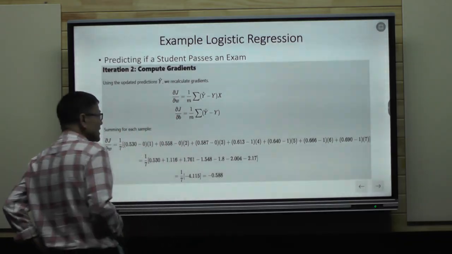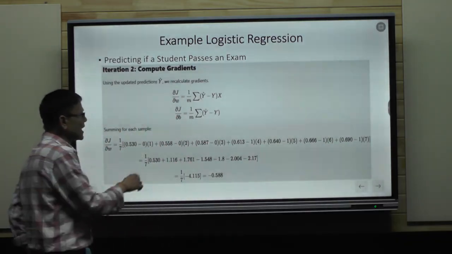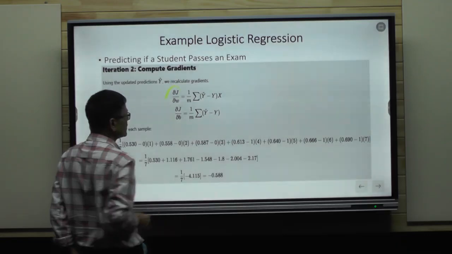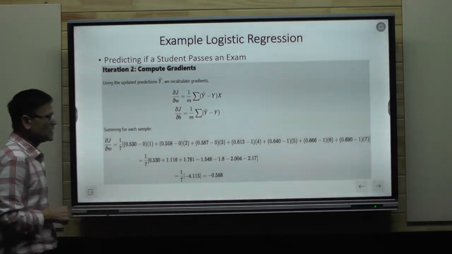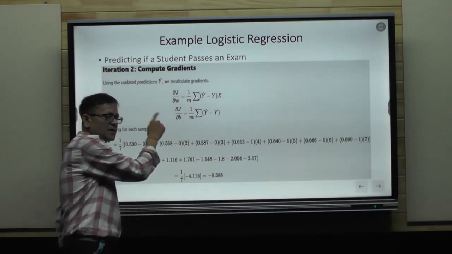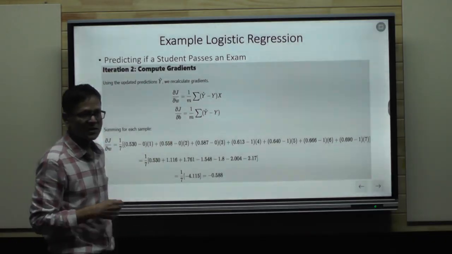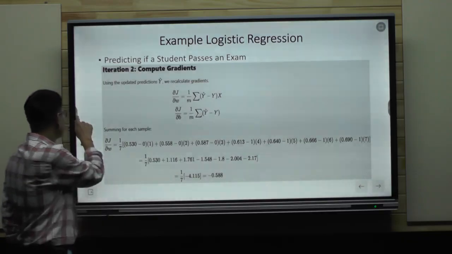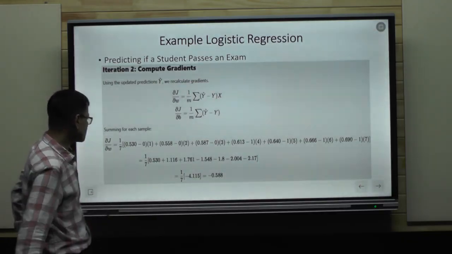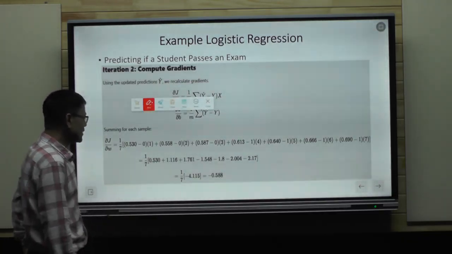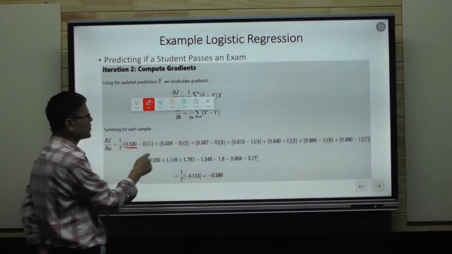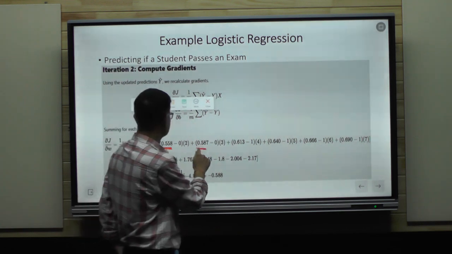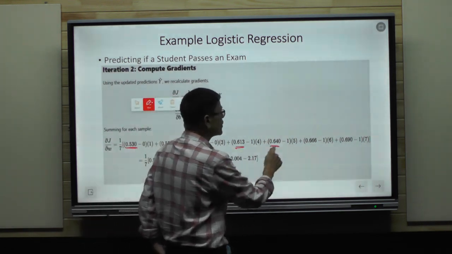Now for iteration 2, we have to calculate the partial derivative ∂J/∂W, and similarly the partial derivative of the log loss with respect to the bias B. You have the new value calculated in the previous slide, and that will be used for each output.